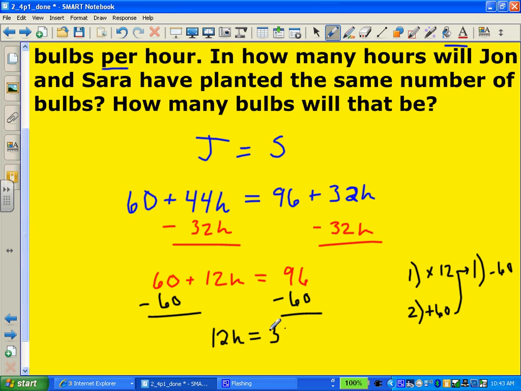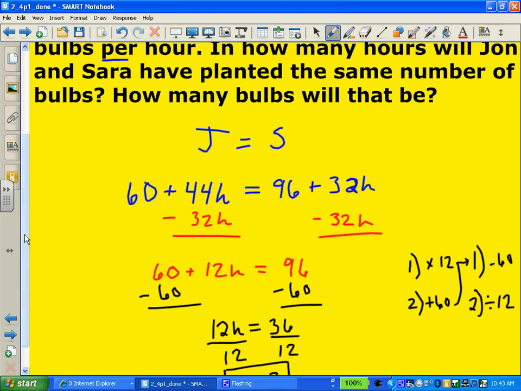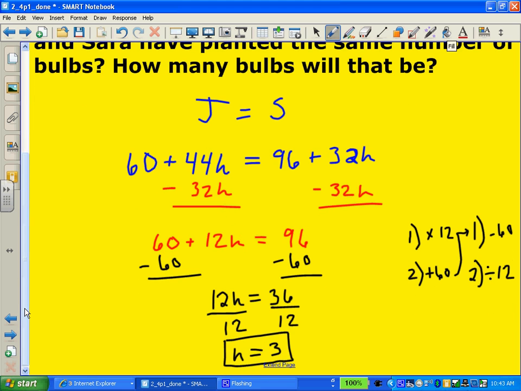And I get 12H equals 36. And it's being multiplied by 12, so I have to divide by 12. 36 divided by 12 is 3. So the answer to the first question, in how many hours will they have planted the same number of bulbs? Well, the answer to that one is 3 hours.